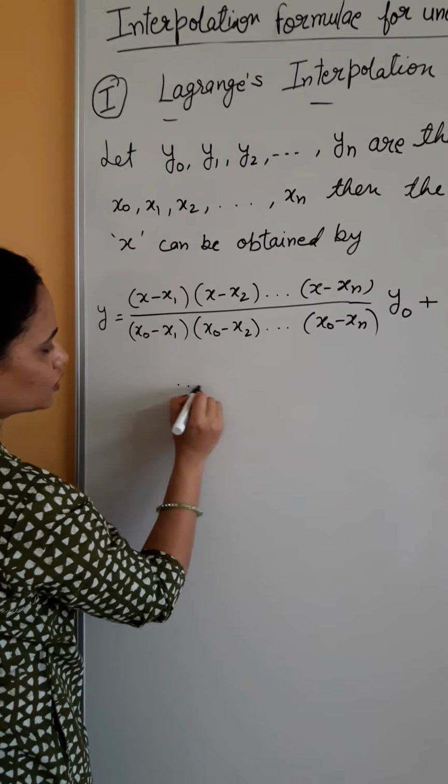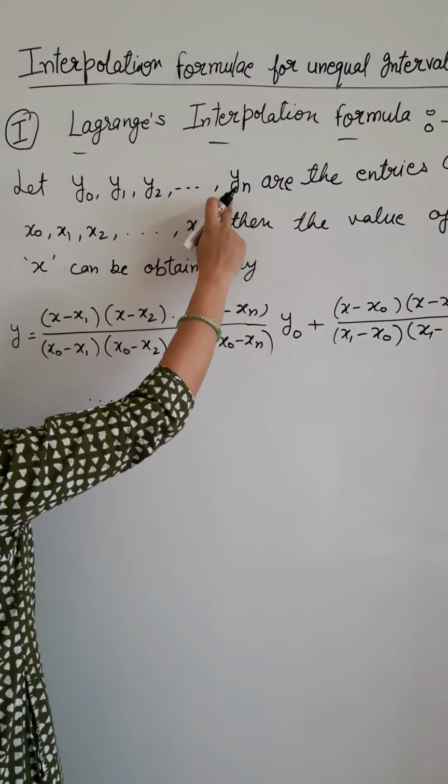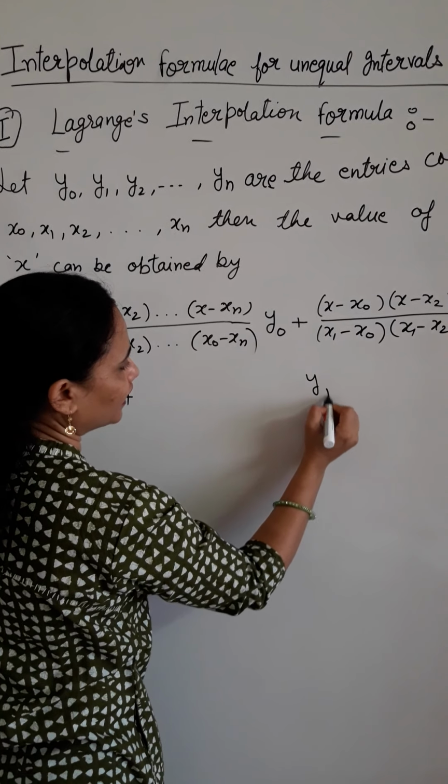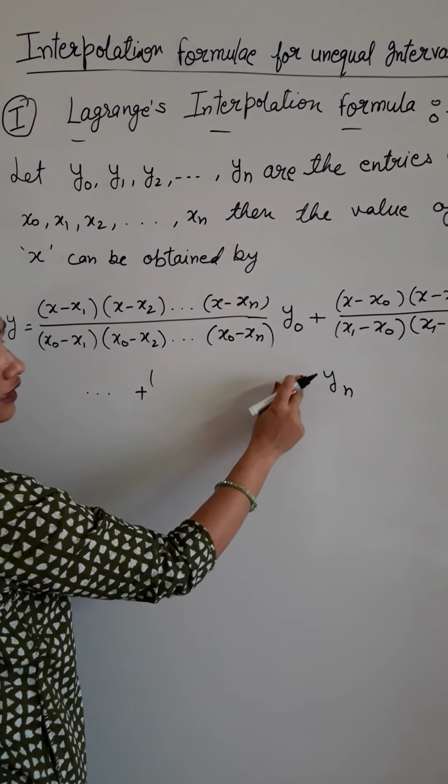Plus, like that we will keep writing the terms, and the last one will correspond to yn. If I write yn here, which value should I leave? xn.